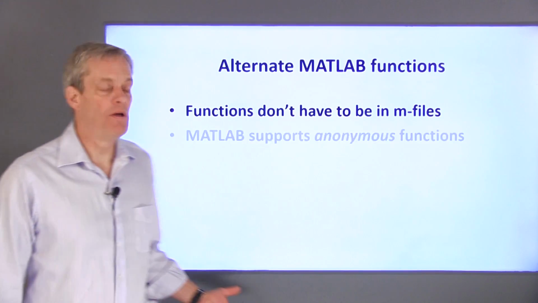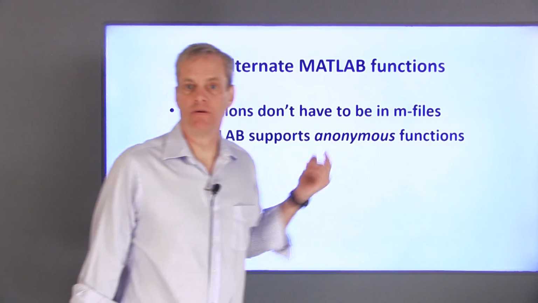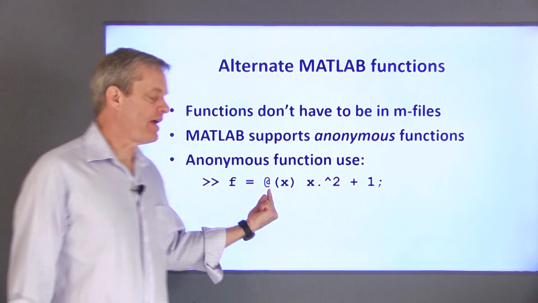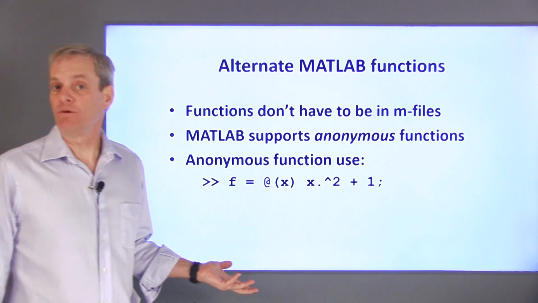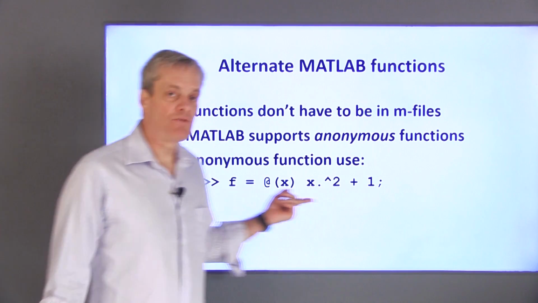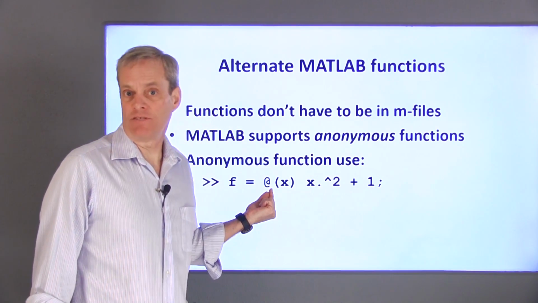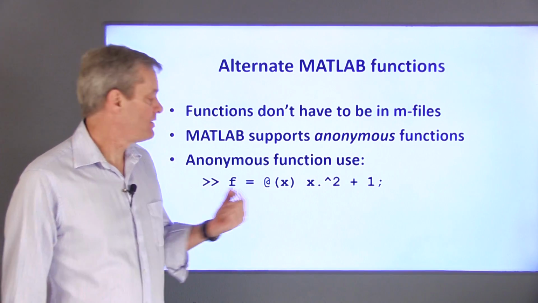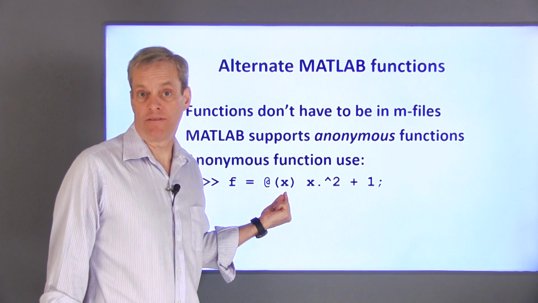The functions that are input to the quad and quadL functions don't have to be in the form of M files. MATLAB also allows what are called anonymous functions. Anonymous functions are specified by this @ symbol. For example, if the function is f equals x squared plus 1, this would be the syntax. The @ symbol tells MATLAB that an anonymous function is being specified. This is followed by the independent variable, in this case x, placed in parentheses.